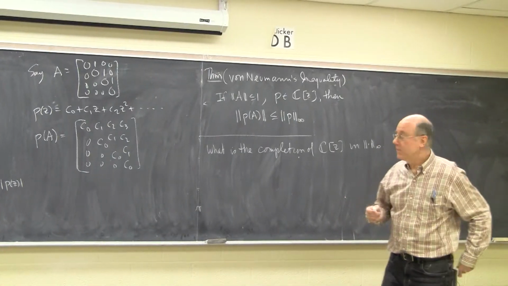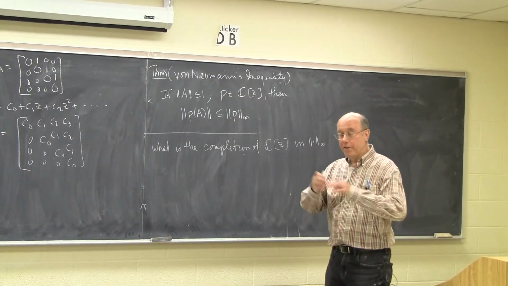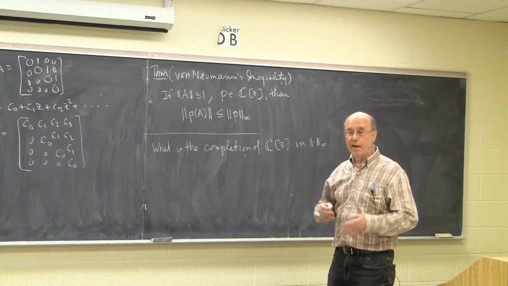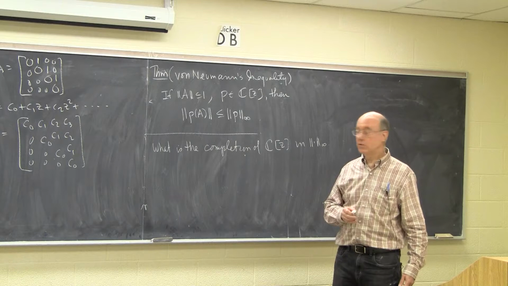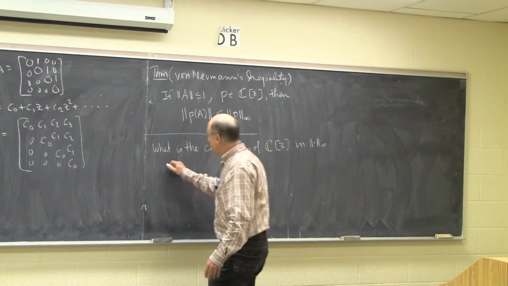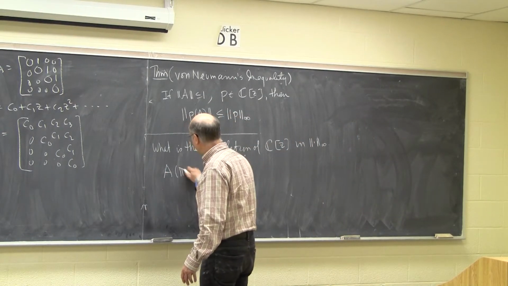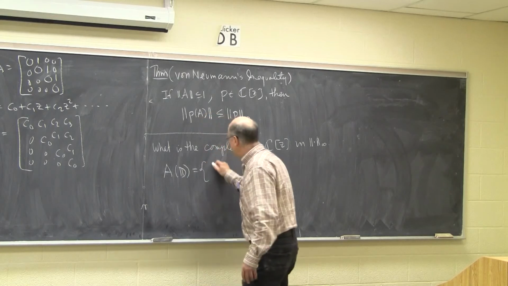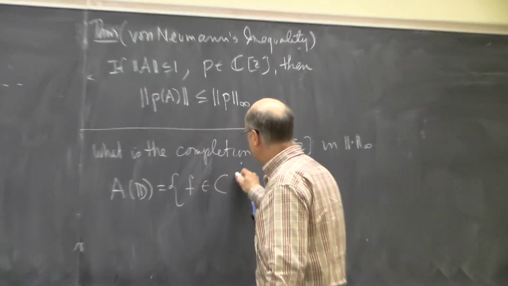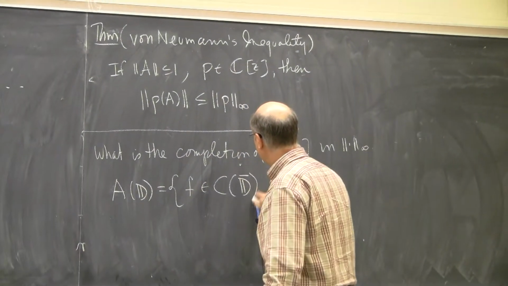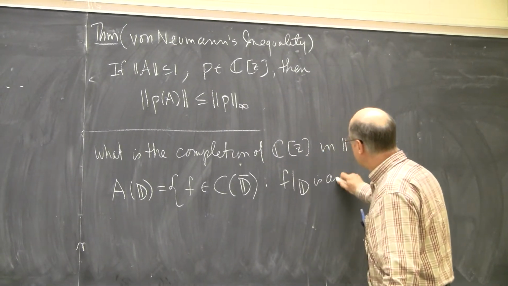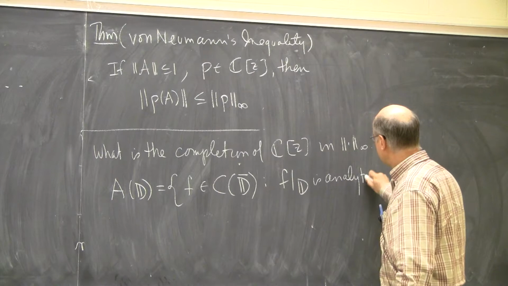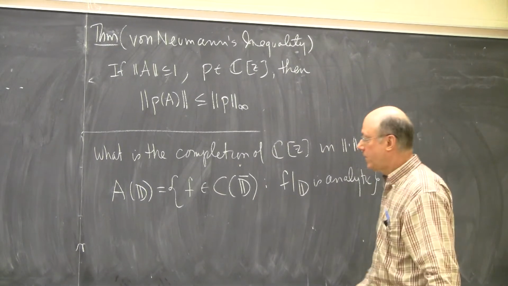So in particular, these functions are analytic on the open disk. And if you take a uniform limit of analytic functions, you get analytic functions. So the completion is what's called the disk algebra. This is the set of all functions f, which are continuous on the closed disk, such that f restricted to the open disk is analytic. Okay.